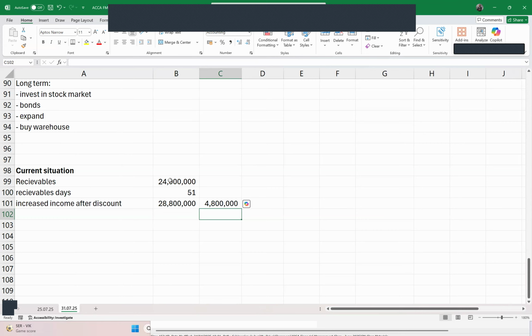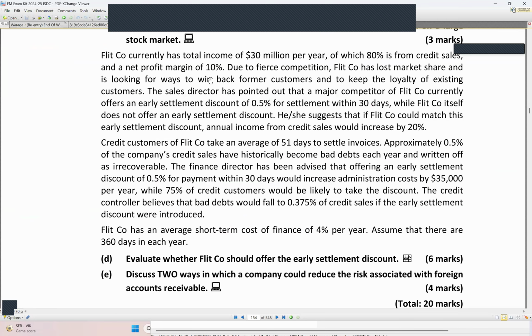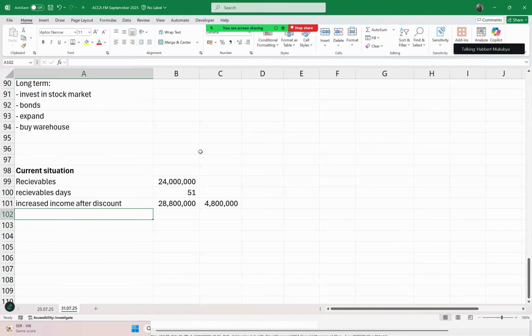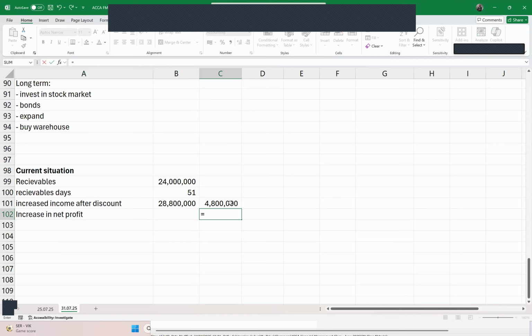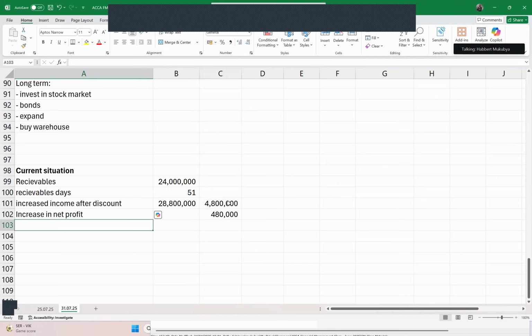But remember, the net profit margin is 10%. So the increase in profit will just be 10% of this. So there's that benefit that will come, 480,000.